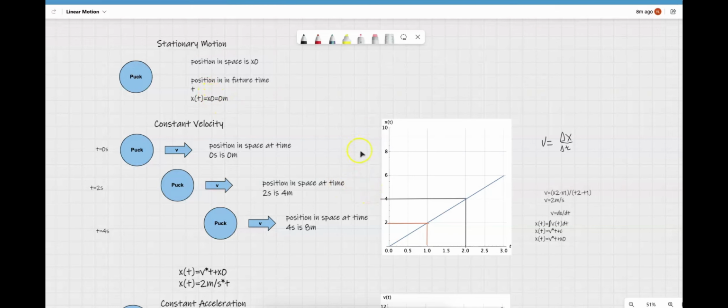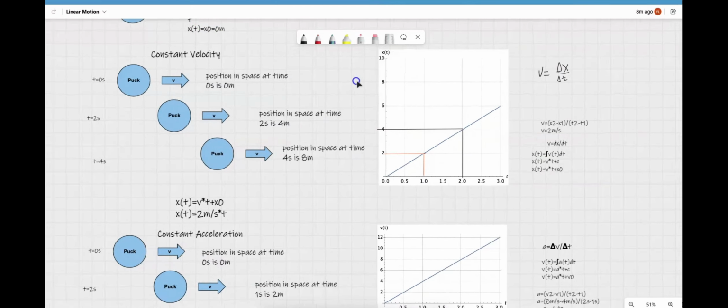More interesting is the second simplest case, constant velocity. So we have time 0 seconds. Imagine we've got a clock timing its movement. At 0 seconds, we're at 0 meters, but it's moving at this velocity. Velocity is a speed and a direction.